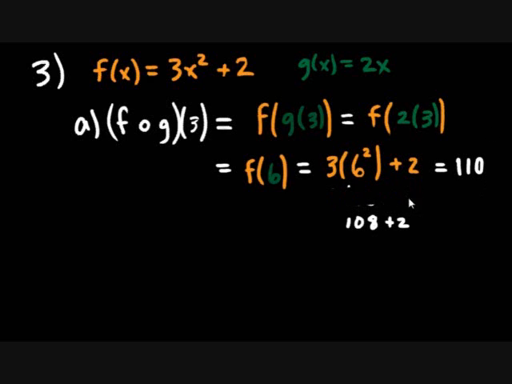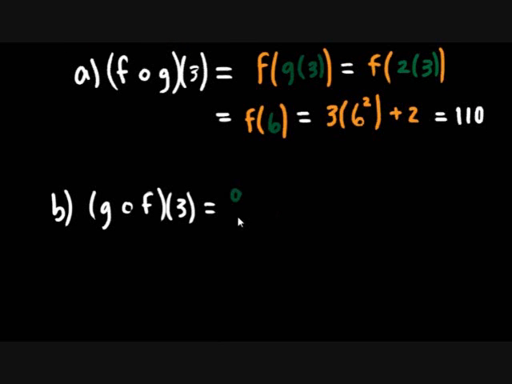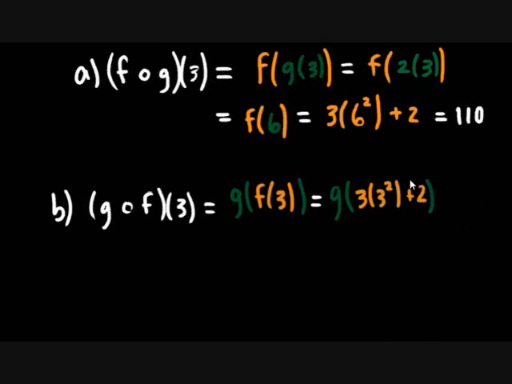So for part B, g of f of 3. First off, let's just put g and then parentheses. So this is our g function, and what are we putting inside of our g function? Well, we're going to be putting f of 3 inside of it. So the first thing we have to do is evaluate f of 3. So 3 times 3 squared plus 2.